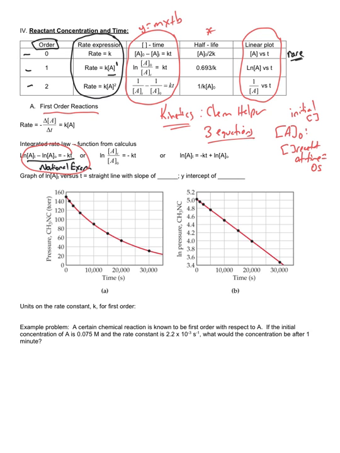Okay? The natural log of A sub t is the concentration after a certain moment of time. Again, as the reaction proceeds, the concentration goes down over time, and therefore it's going to become smaller and smaller. Okay? k again is the rate constant, and t is the time interval.